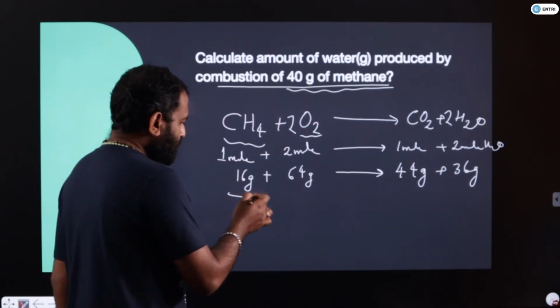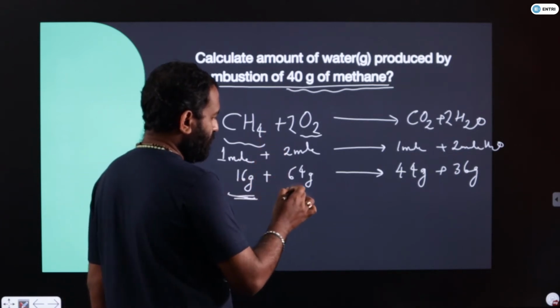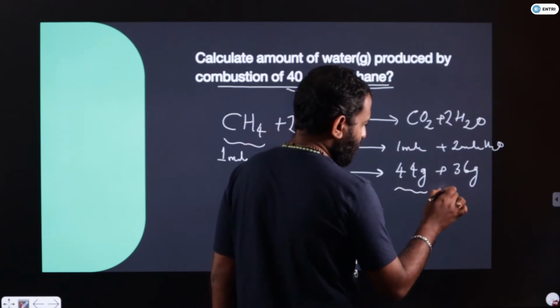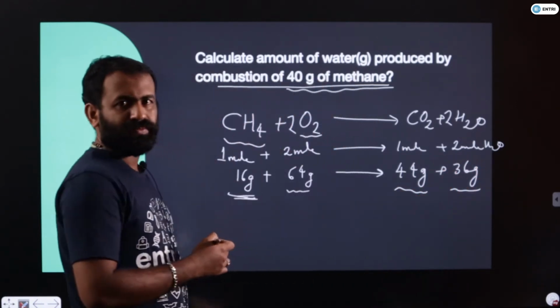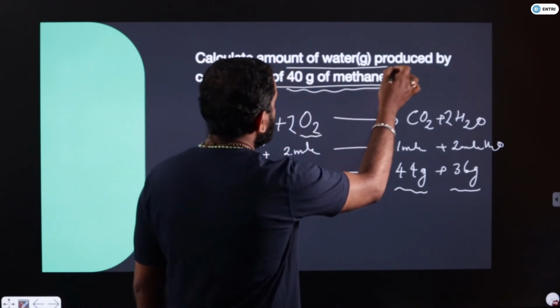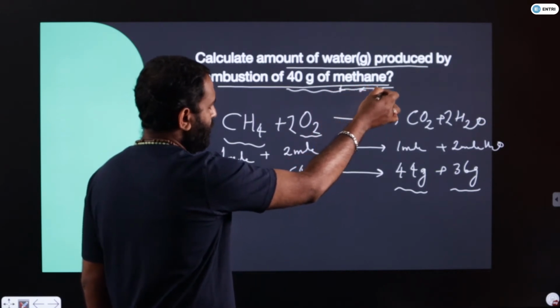So 16 gram methane combines with 64 gram oxygen to give 44 gram carbon dioxide and 36 gram H2O.